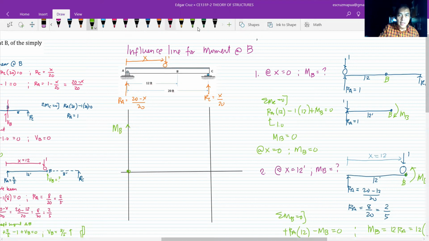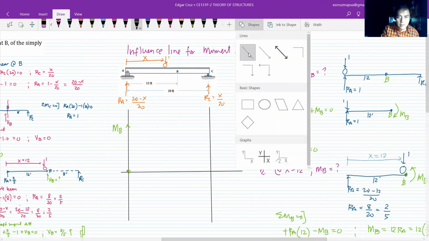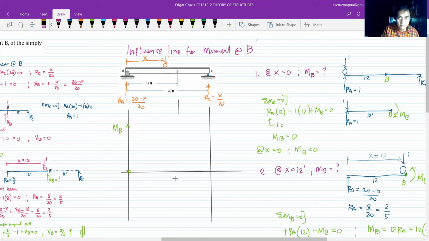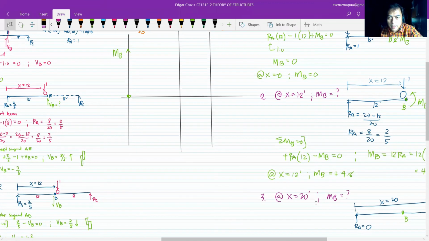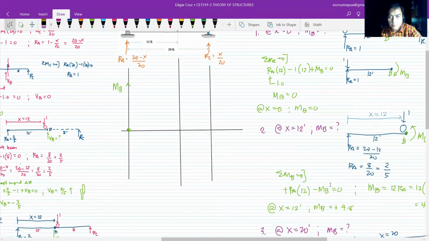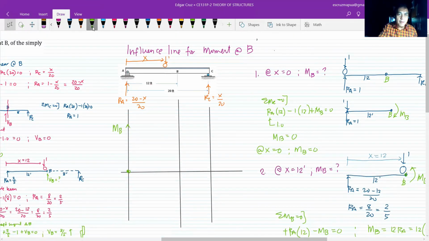Okay? Tapos, at x equals 12, ano yung na-solve natin? At x equals 12, yun, MB is 4.8, positive. So, positive 4.8, kunwari, andito siya.